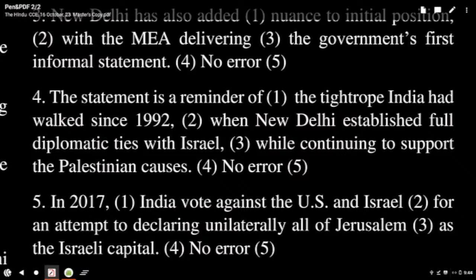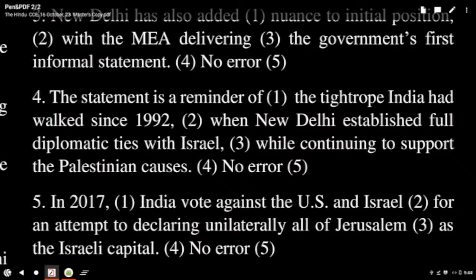Let me tell you, when it comes to double errors or multiple errors, you should never be hasty. Single error, you don't have to look at other options sometimes. But 2 errors, 3 errors, you have to look at the sentence, every part twice or thrice. And you're damn sure 2 parts there's an error, each part there's an error, then go ahead.